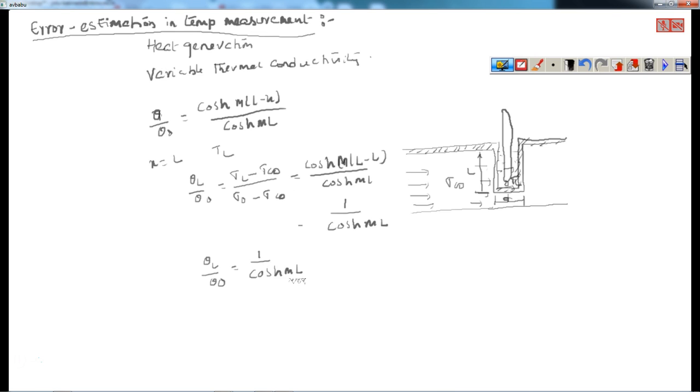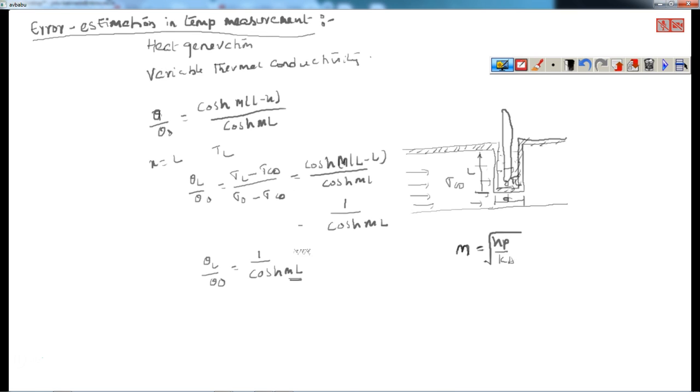So this mL should be as large as possible. Why? Because m is equal to the square root of hP by kA. We know that m squared is equal to hP by kA, so m is equal to the square root of hP by kA.